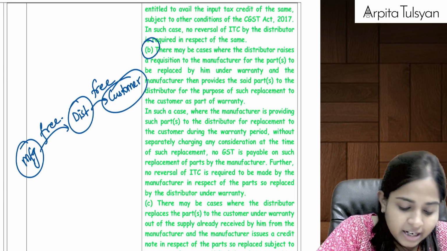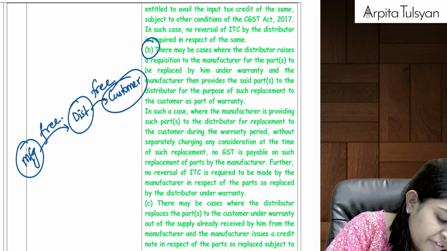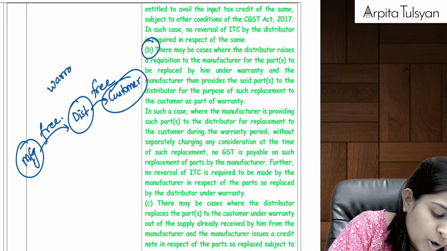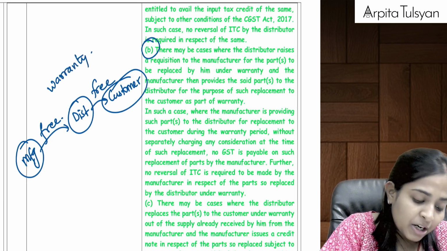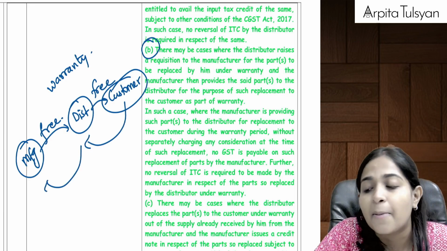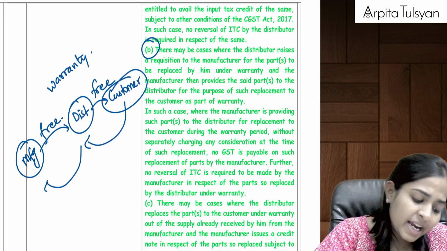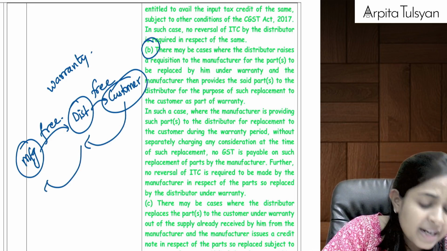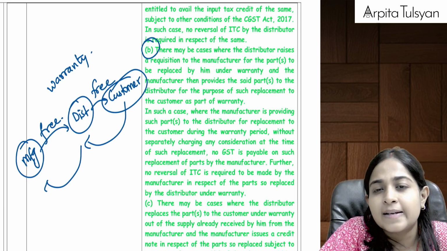So here again they are telling us that even if this warranty or replacement looks free, whatever amount we have charged from the customer includes the amount for replacement. If that includes the amount for replacement, then this supply is not considered an exempt supply.